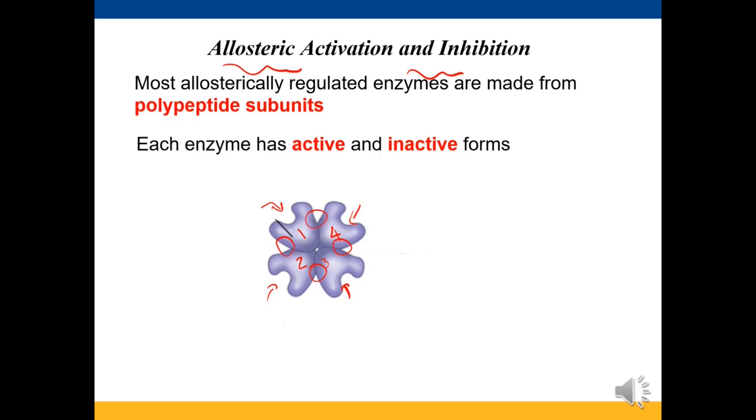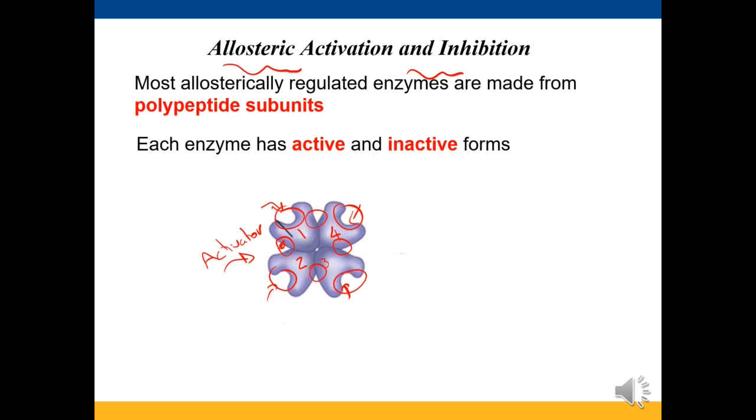So in this case, for example, you can activate. You can have an activator that attaches to this region, and in this way this enzyme will stabilize and will have these active sites open to be able to interact with the substrate.